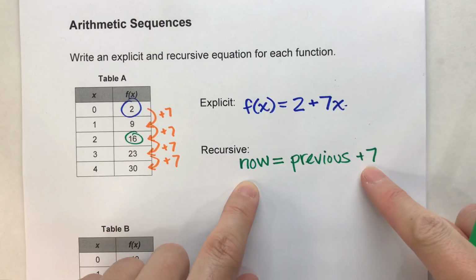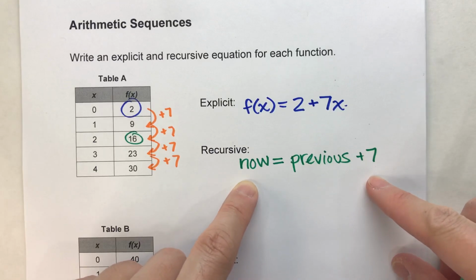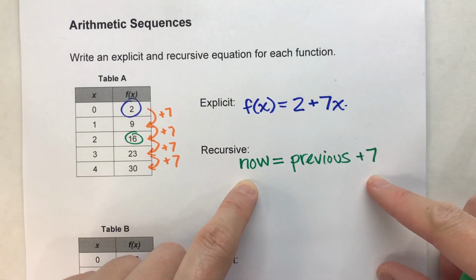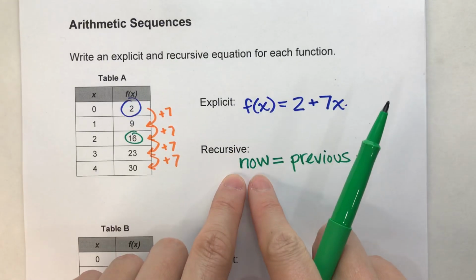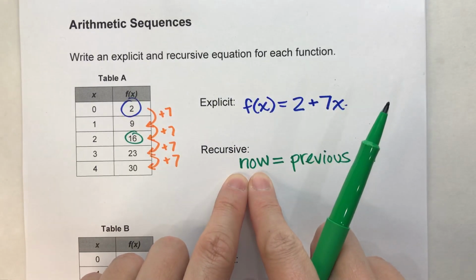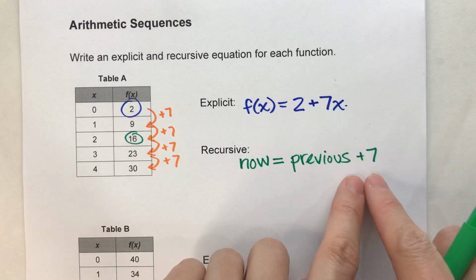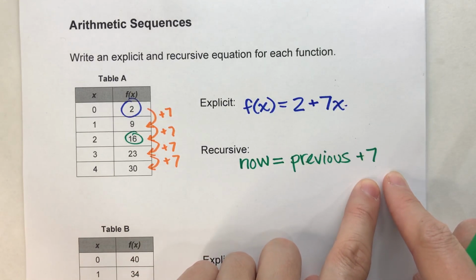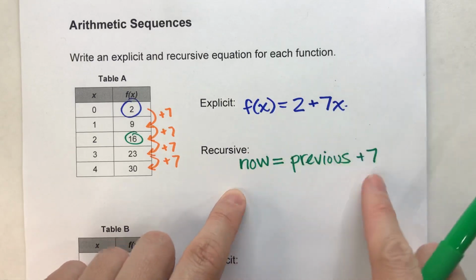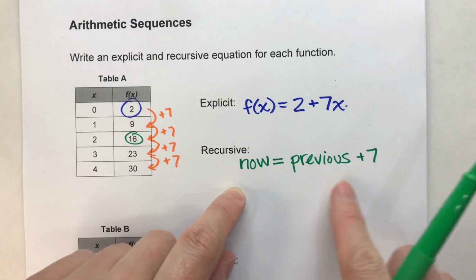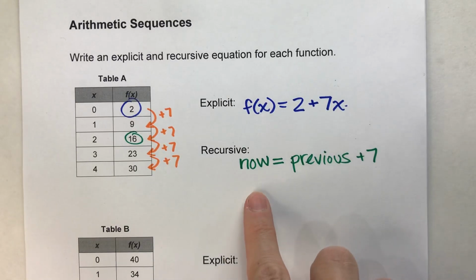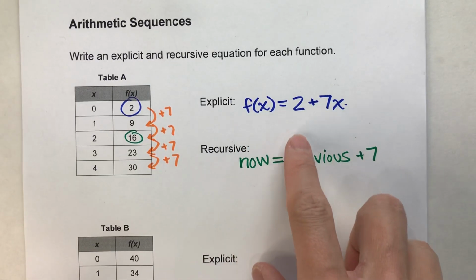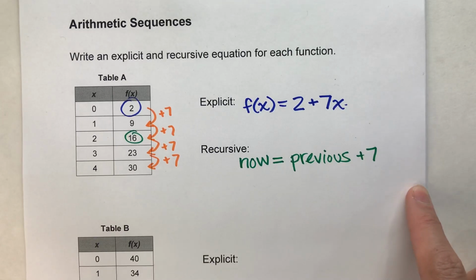And that is what a recursive equation does. It's an equation based on knowing what the previous value was. So anytime I want to find the value of f of x, I take the previous one and then add 7 to it. Now later on, we'll learn how to write this in a slightly more mathematical way. But for right now, this is what we're looking for. Now is equal to the previous plus 7.